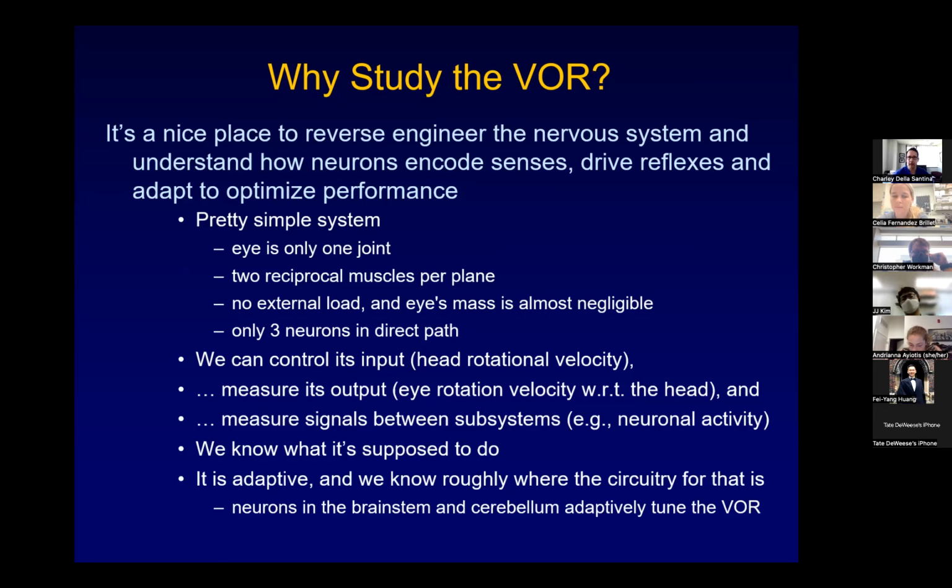And we can measure their output by measuring the eye movements, which, by the way, we've done for decades with the Robinson coil system, designed by David Robinson here in Baltimore at Johns Hopkins. It involves putting a kind of contact lens on your eye that has a loop of copper wire in it.